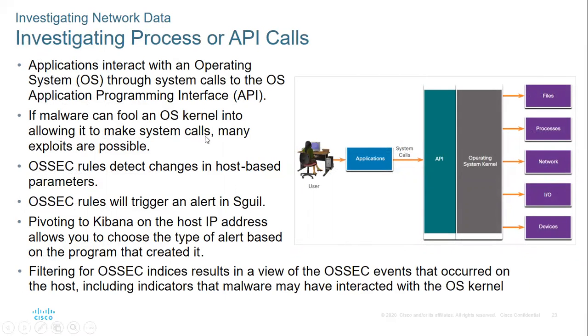All right, investigating processes or API calls. This is what normally happens on your laptop. You have the applications, and these applications use system calls to communicate with the kernel.